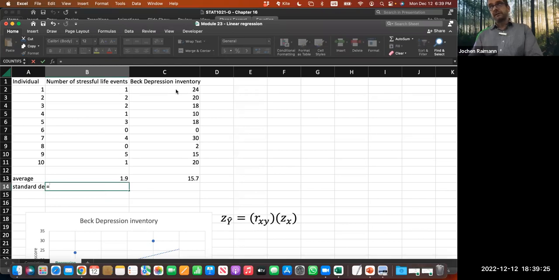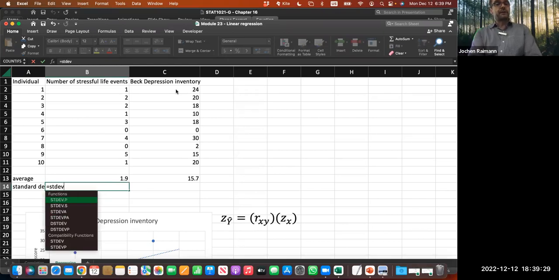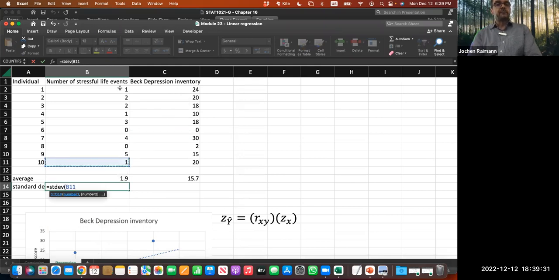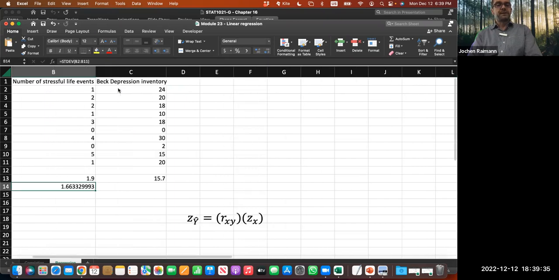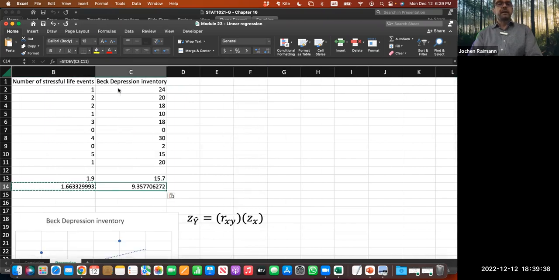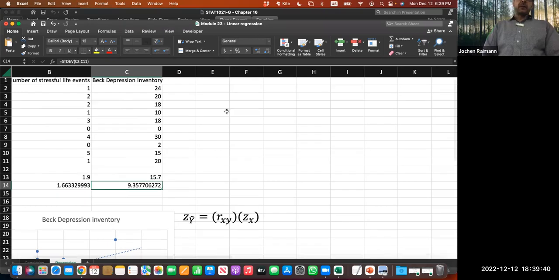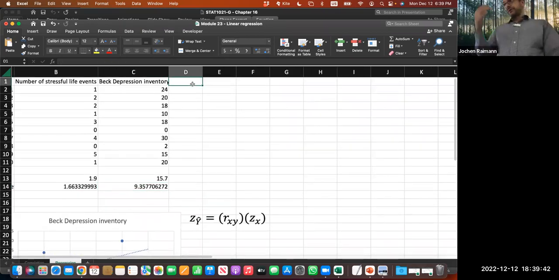It's always nice to look at data in terms of the variability. We will also quantify a standard deviation, which is here 1.6 and 9.35.